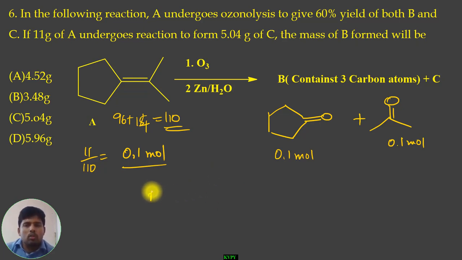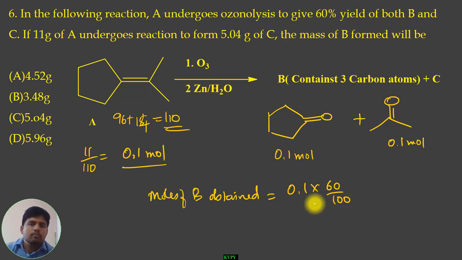So moles of B obtained, we want the mass of B formed, is equal to 0.1 into 60 by 100. So how much is this? 0.06 moles.